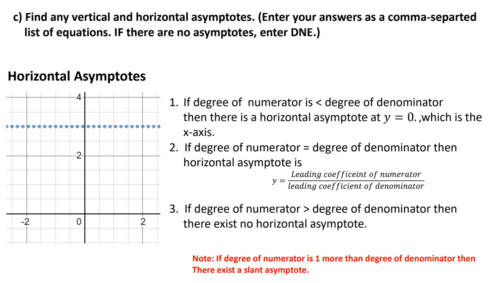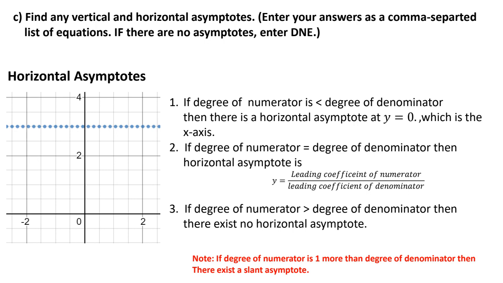The second case: if the degree of our numerator is equal to the degree of our denominator, then we have a horizontal asymptote of this ratio. The ratio is given by the leading coefficient of the numerator divided by the leading coefficient of the denominator. So again, this would be y equals this ratio.